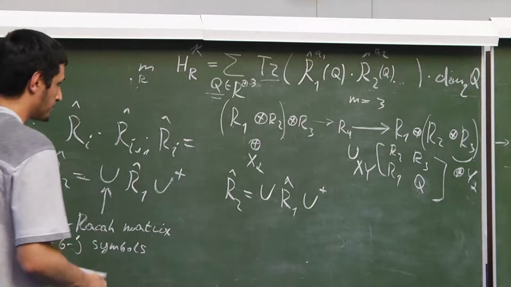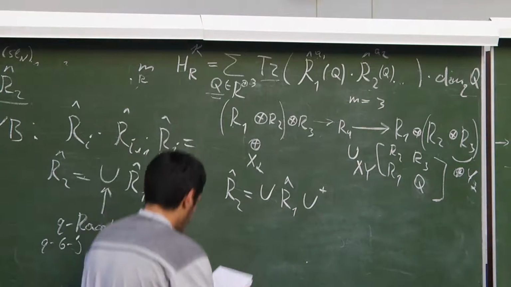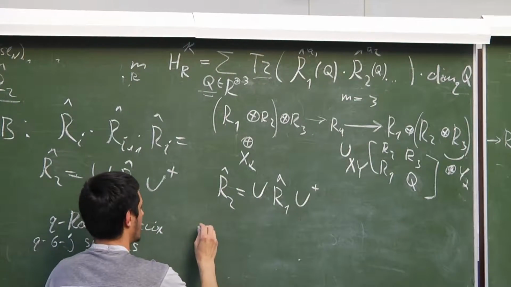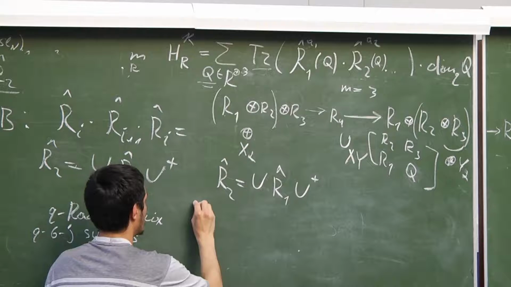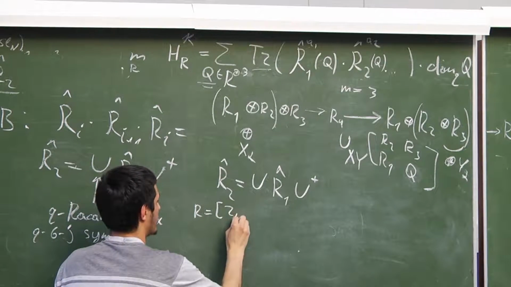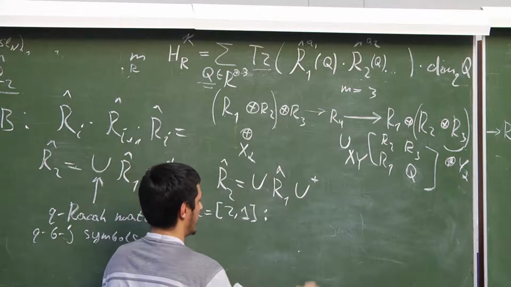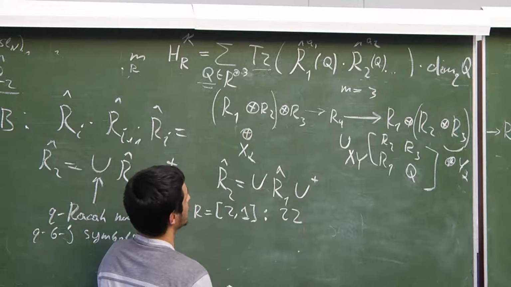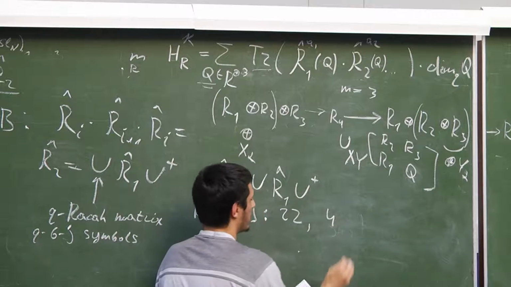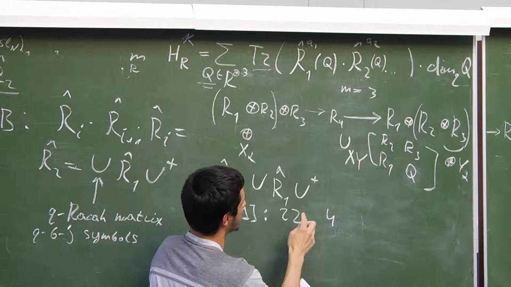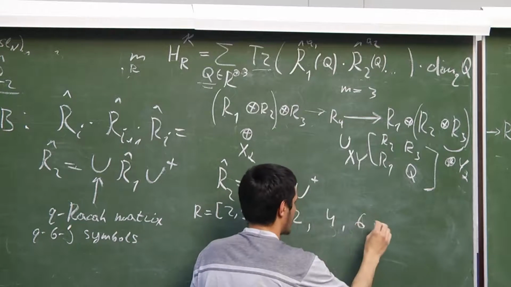Actually it is rather tedious and difficult to do. For example, if I consider the first non-symmetric representation, like [2,1], then I will have 22 terms in this sum, and 4 of them will have matrices of rank greater than 5.